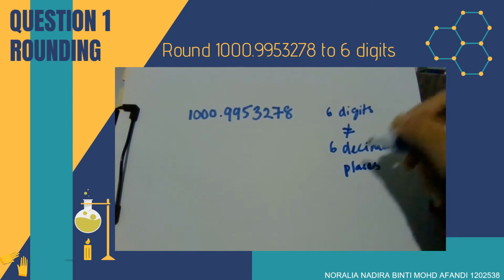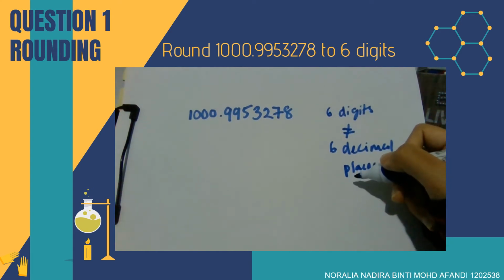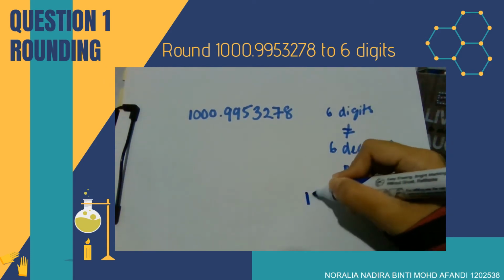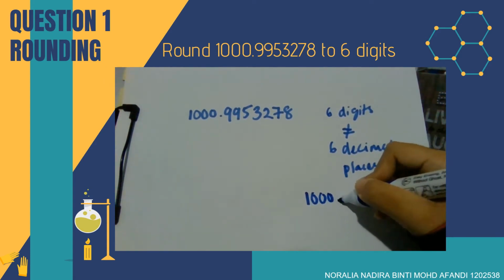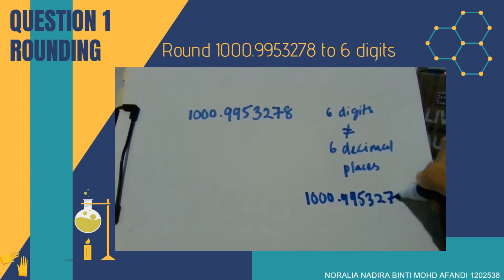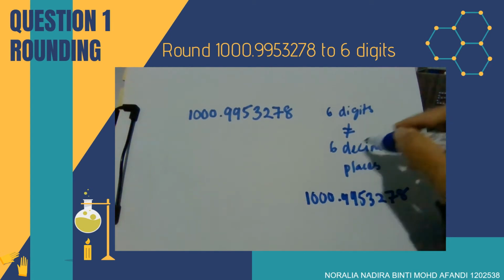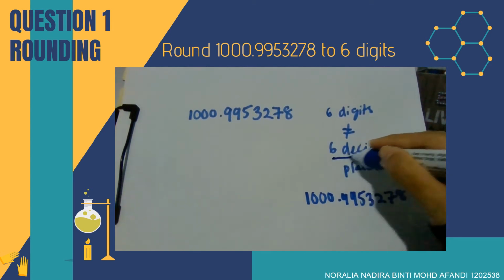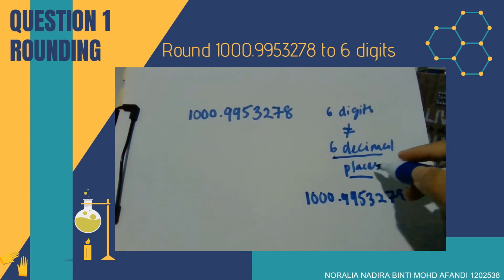For example, if the question asks to round to 6 decimal places, I will write the number again. 9953278. The same, 6 decimal places.